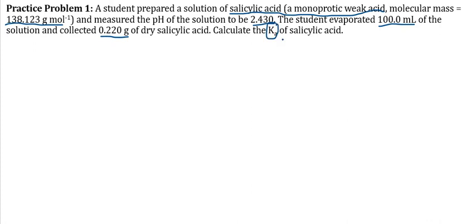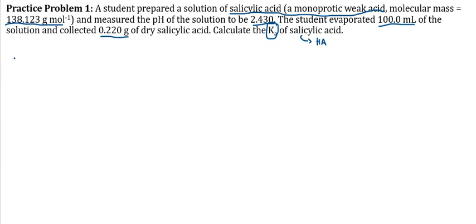Okay, so I have to calculate the Ka basically from the pH. Cool. I don't know what salicylic acid is, so I'm just going to abbreviate it as HA.